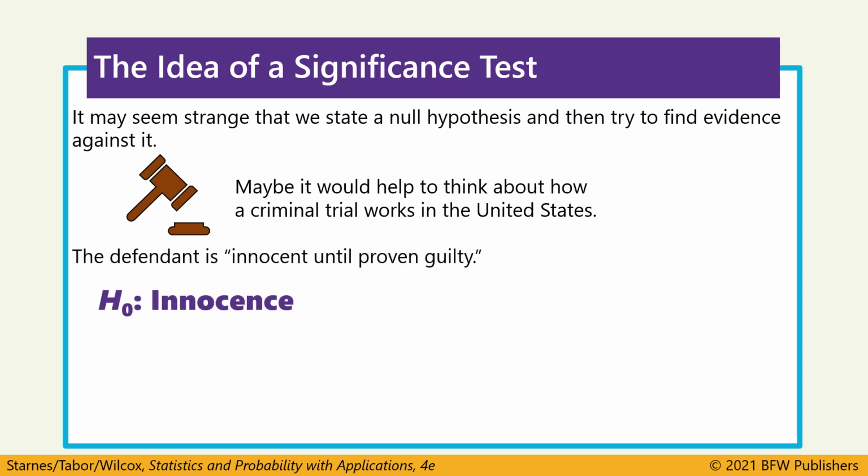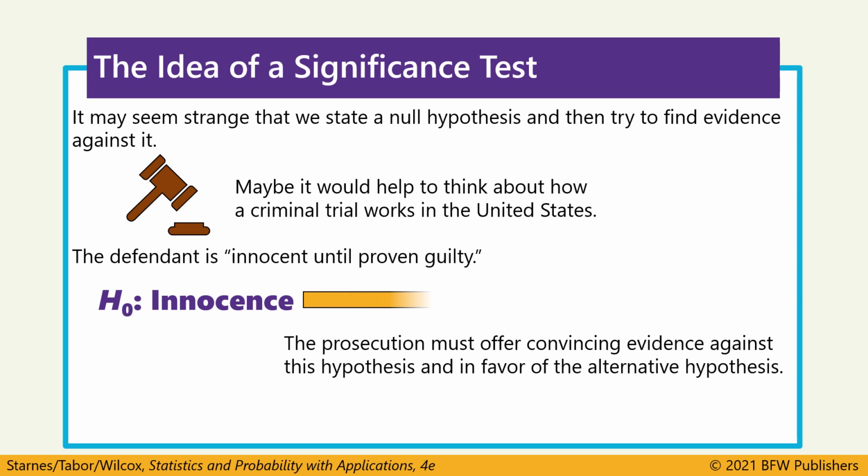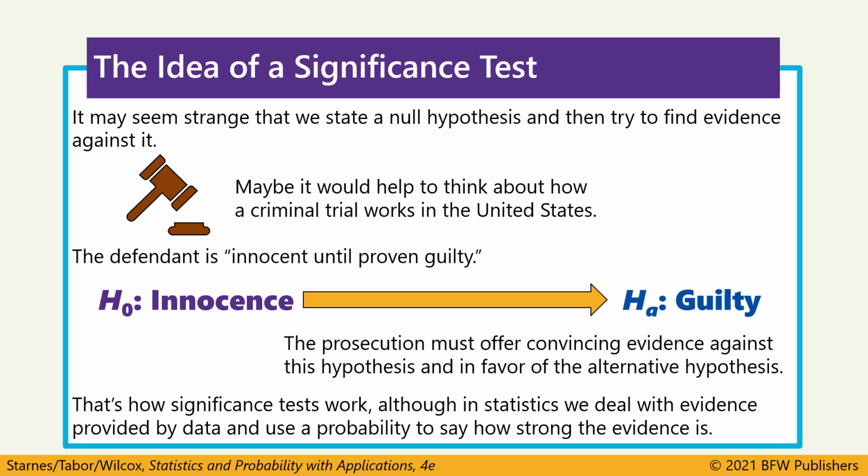It's innocent until proven guilty, which means the null hypothesis is that a defendant is innocent, and then evidence is presented against that defendant. They need to provide convincing evidence where we can rule out a subject's innocence and conclude the alternative, which would be that they are guilty. That's how a significance test works. But in statistics, we quantify it and we use mathematics and data to show how strong evidence is against the null hypothesis and in support of an alternative.